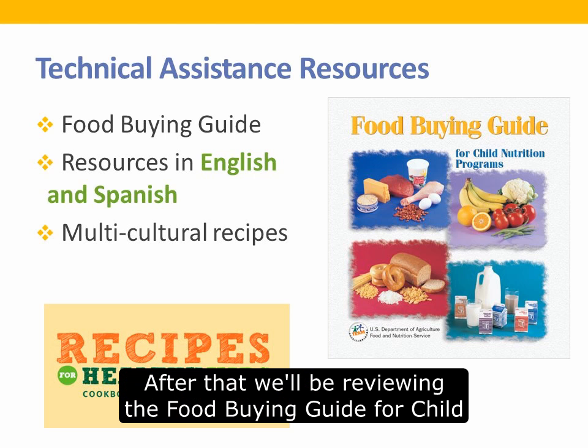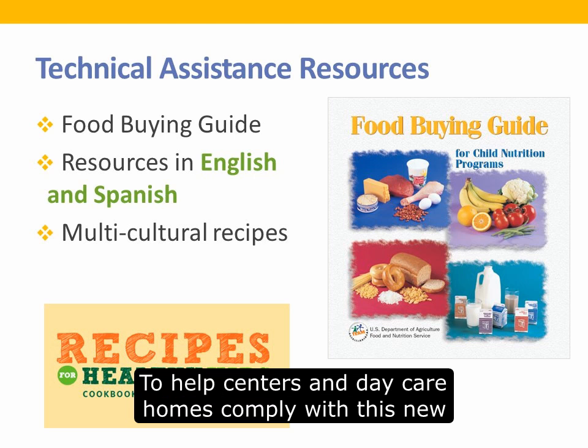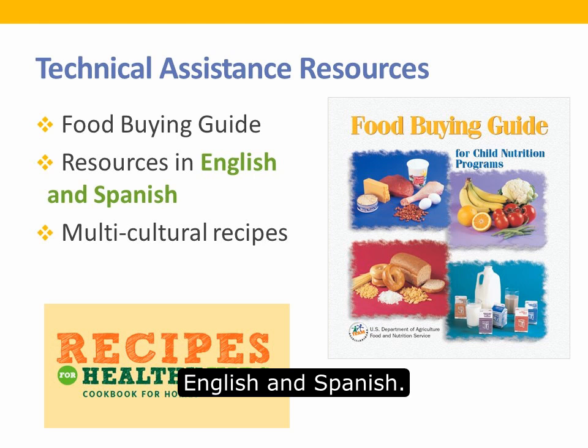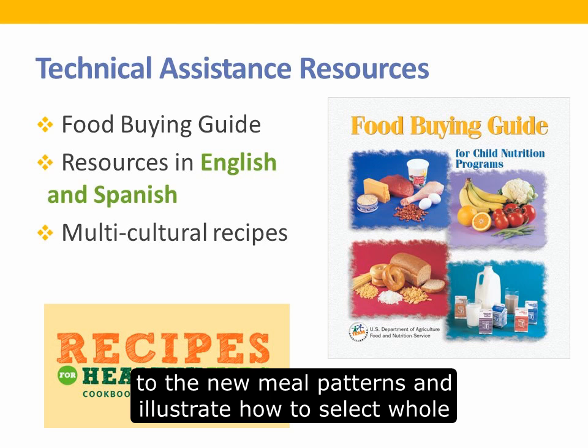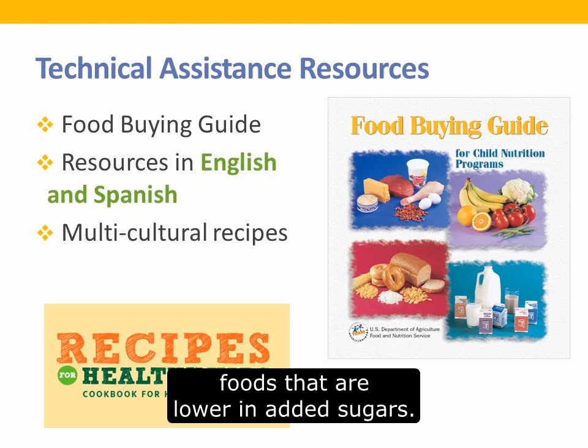FNS will be reviewing the Food Buying Guide for Child Nutrition Programs and make changes as necessary based on the new CACFP meal patterns. To help centers and daycare homes comply with this new standard, we are developing resources in English and Spanish. These materials will assist with the transition from the old to the new meal patterns and illustrate how to select whole grain rich foods, use healthier cooking techniques, and choose foods that are lower in added sugars.